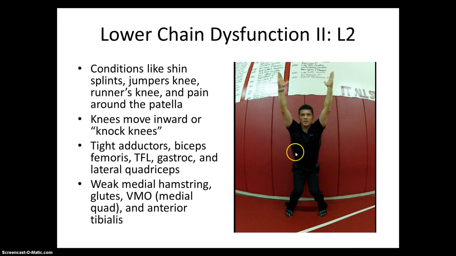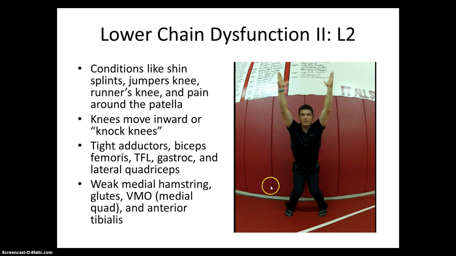Again, this is due to tight adductors, or inner thigh muscles, the groin. Weak TFL, tensor fasciae latae, which is on the outer hip on either side. Tight gastrocnemius, which is a tight calf, and tight lateral quadricep, which is the front side of the thigh, again on the lateral side.